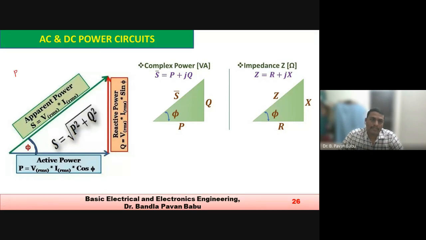It is a right angle triangle, in which this part is called the hypotenuse, this is the opposite side, and this is the adjacent or base.